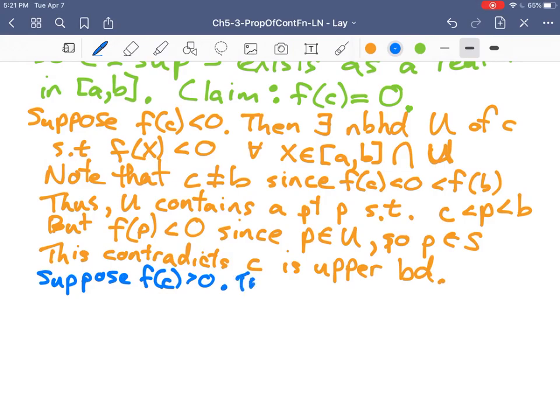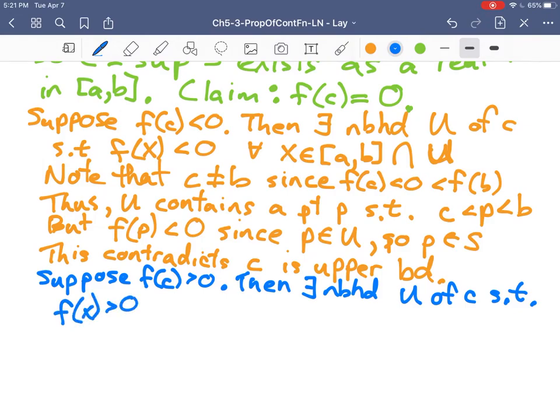Then there exists another neighborhood, again we'll say U of c, such that this time all of those function values are positive for all x in the closed interval from a to b intersected with U.